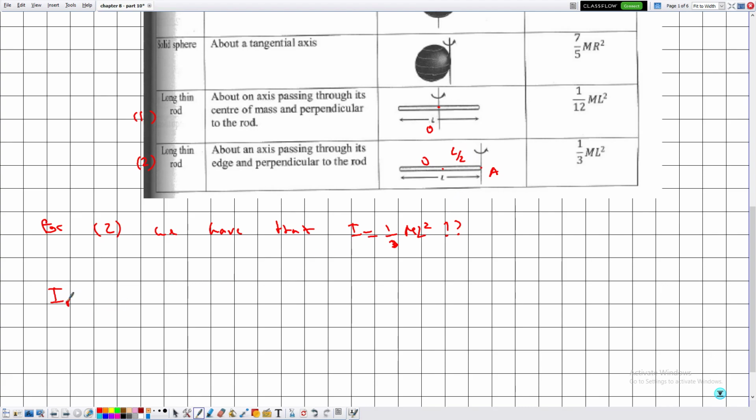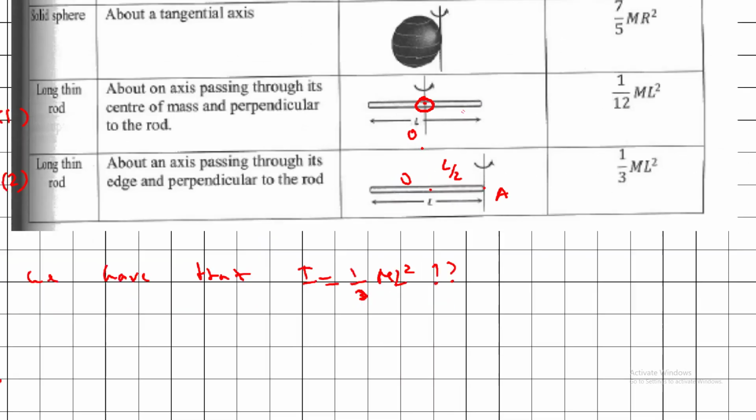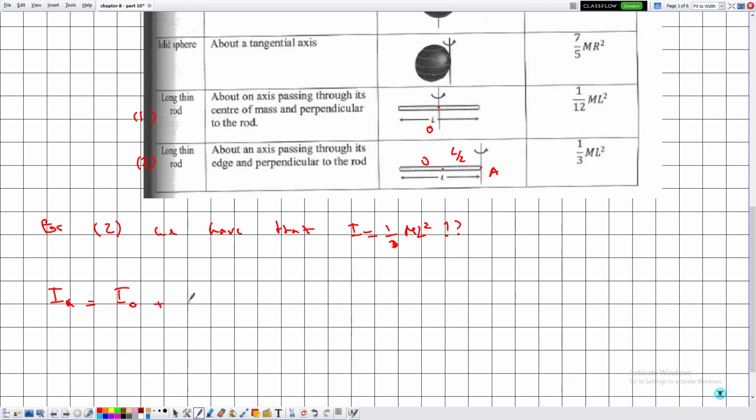So the moment of inertia at the point A is the initial moment of inertia, not initial but the one corresponding to the axis through the center of mass, plus the mass of the rod, denoted by M, multiplied by d square. d in this case is given by OA, which is equal to L divided by 2.